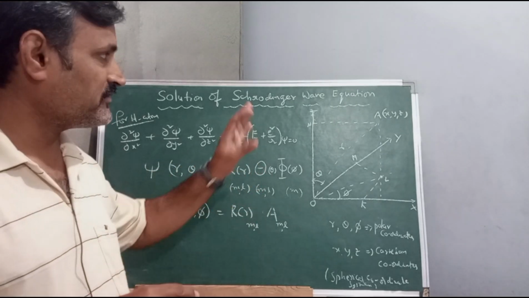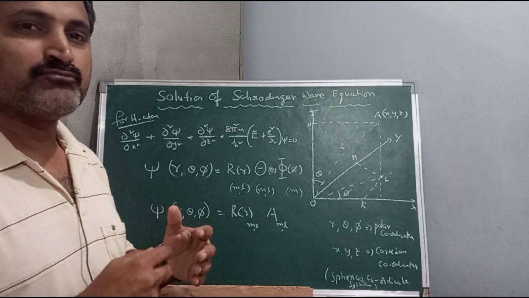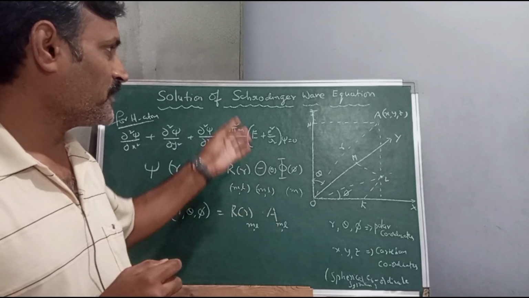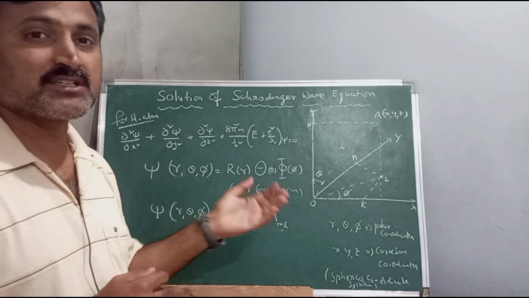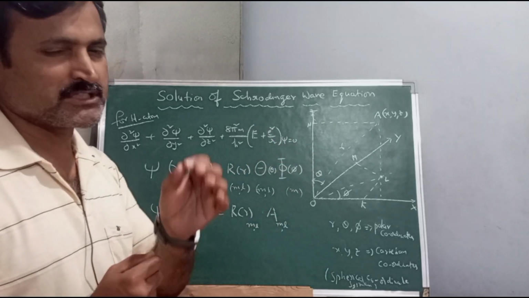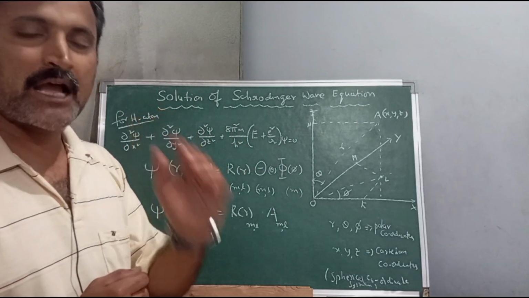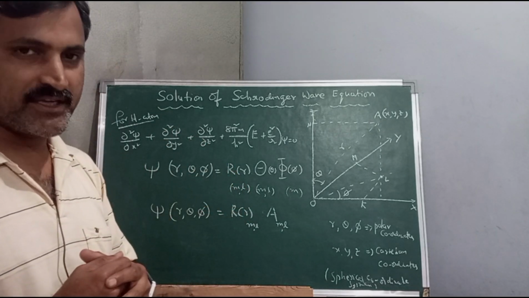That means when we solve the Schrodinger's wave equation, in other words, whatever was not explained in the Bohr concept is discussed in the Schrodinger's wave equation. It's an advanced concept over the Bohr concept, but one small limitation is that it is applicable for hydrogen-like species only.